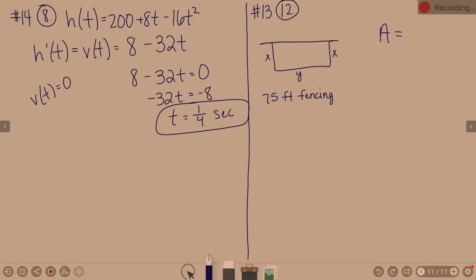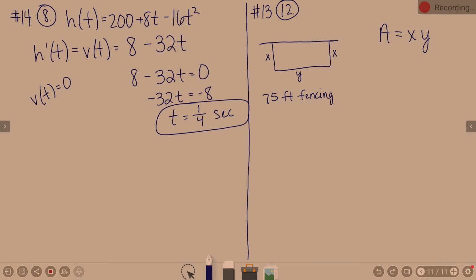If we say area is length times width, area of this rectangle is really, instead of length times width, x times y. However, when I do this derivative and I try and find a critical point and maximize, I need one variable. I can't have x and y.